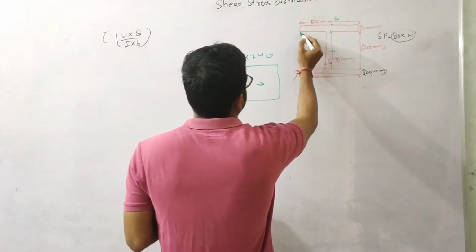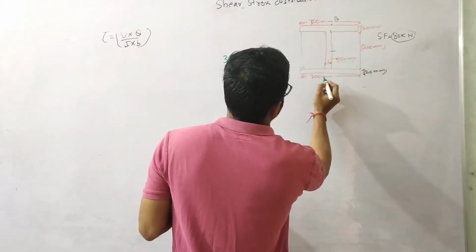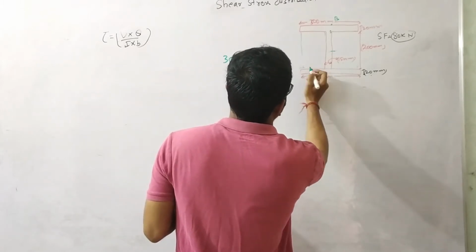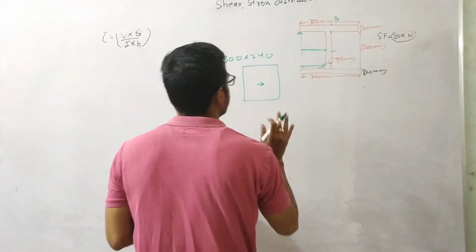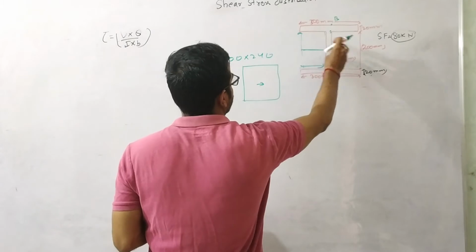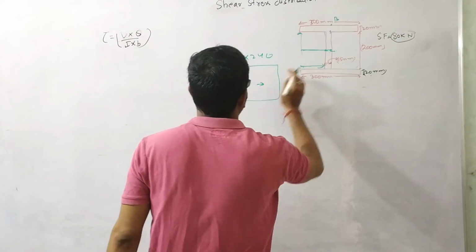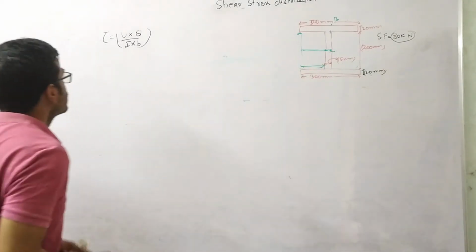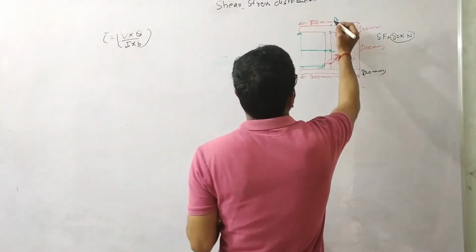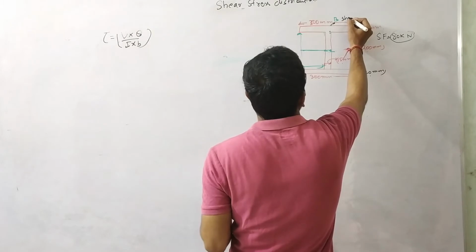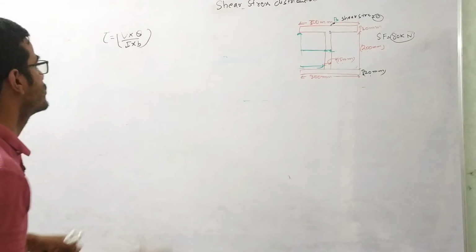Even if I consider only this cross section, its shear stress will also be maximum at this location, the neutral axis level, which is the same for this cross section. So my shear stress will be maximum at this point, the neutral axis. At this top point B, my shear stress will be 0.